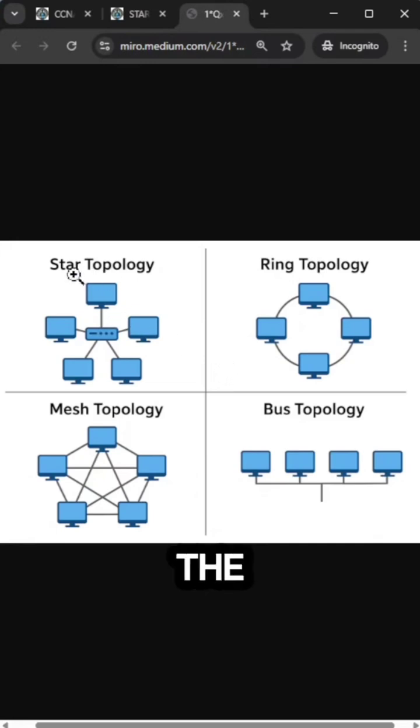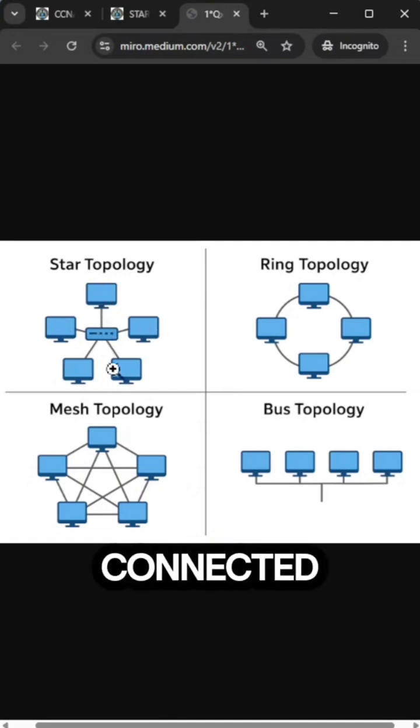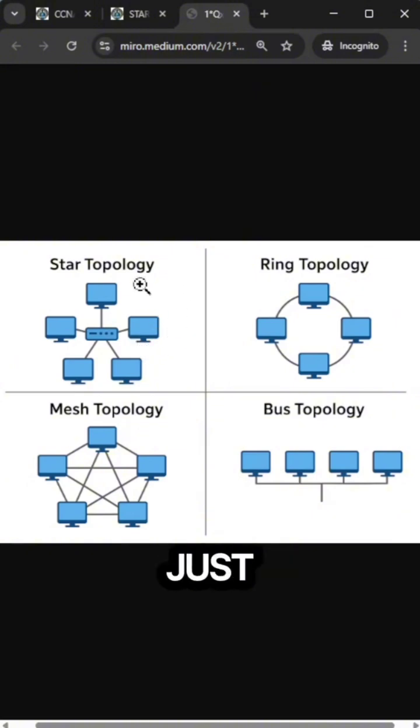In the star topology, you can see that there is a central device and everything is connected to this device. Let's use this example. There's a switch and all these devices are connected to this switch. If you want to add more devices, you can just simply connect to this switch and that's it.